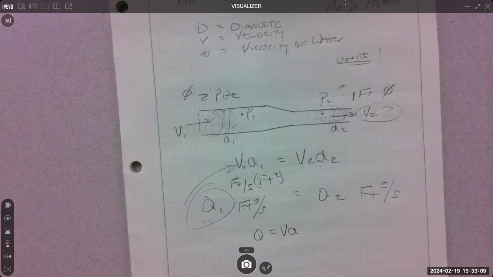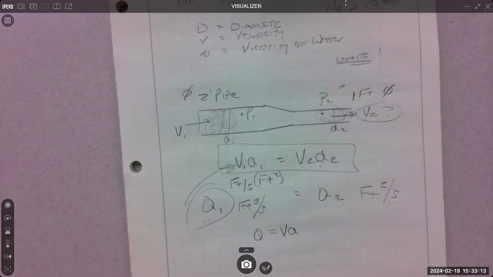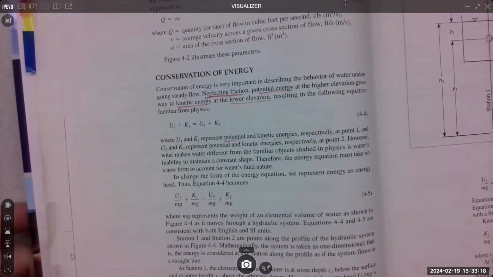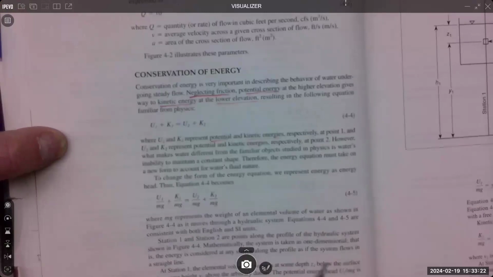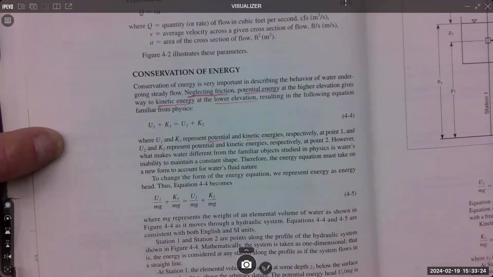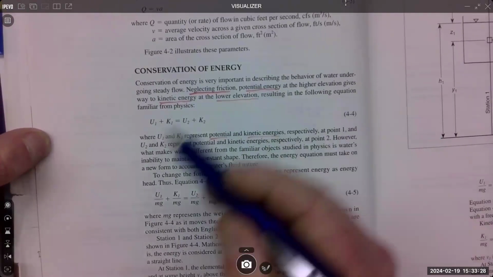So the book talks about this conservation of mass and really just uses that equation to explain it, right? Then it goes into a very long derivation of the conservation of energy. You don't have to read through this. They get very technically complicated with this.